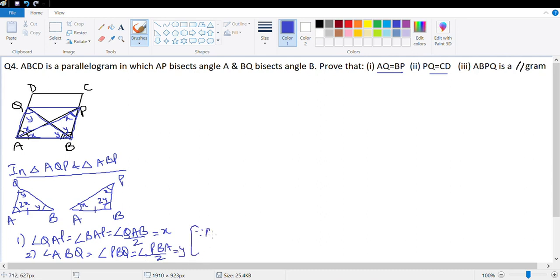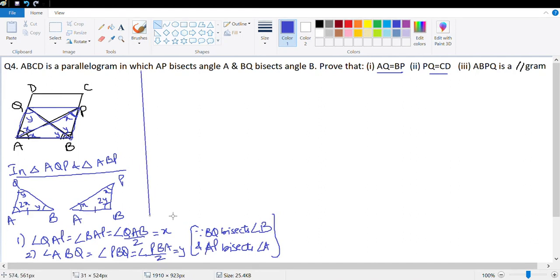Since BQ bisects angle B and AP bisects angle A, these two angles are equal. So this is something that we've got.